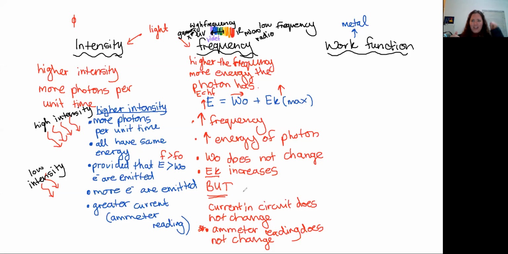Kinetic energy increases, charges are moving faster, therefore the current will go up. But it doesn't happen. It's only during that time of flight between the metal and the anode that the movement of charge will be faster. As soon as it forms part of the circuit, there's something called drift velocity, which determines exactly how fast the charges can move.